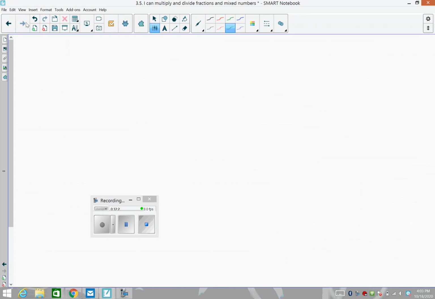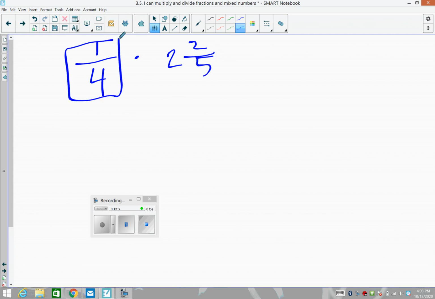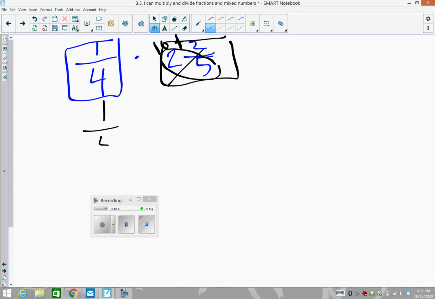Okay, so summary for today's work. If you are multiplying fractions, so you have 1/4 times, let's say, 2 and 2/5. First of all, you have to have two fractions. So you have a fraction here, and this needs to be converted to a fraction. Multiply that as 10, add the numerator, would be 12. So it would be 1/4 times 12/5.